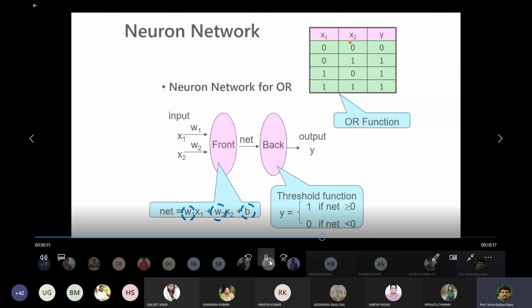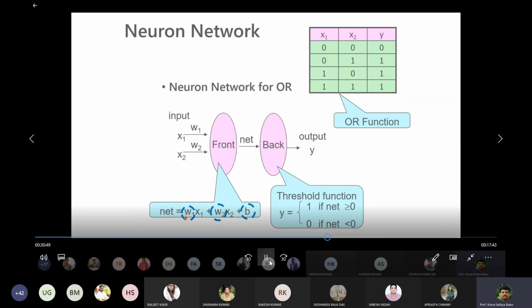It means that x1 or x2 equals y, and these values have to satisfy it. These three things, W1, W2, and B, are important to work out. We cannot change the input values, but we have to change W1, W2, and B. So for what values of W1, W2, and B does this function hold true?